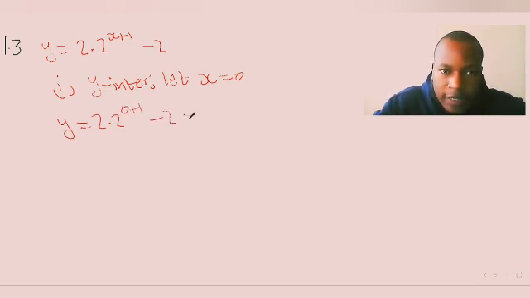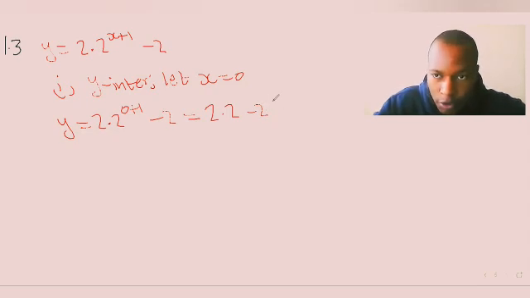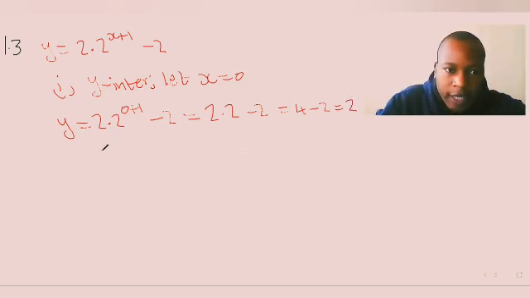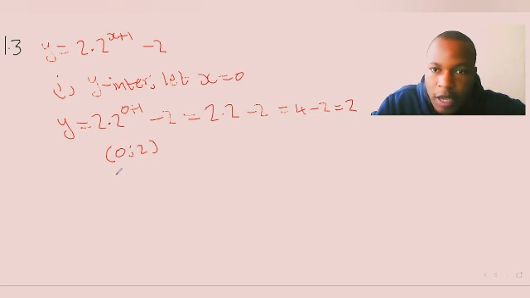This simplifies to 2 times 2 minus 2, which is 4 minus 2, which is just 2. So the coordinates of the y-intercept read as (0; 2).